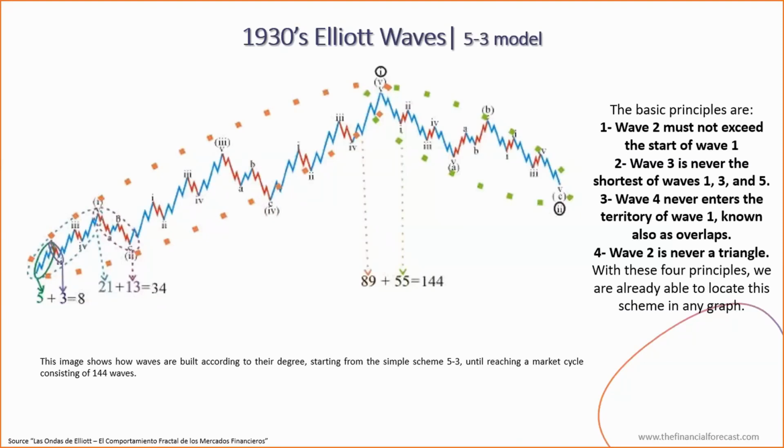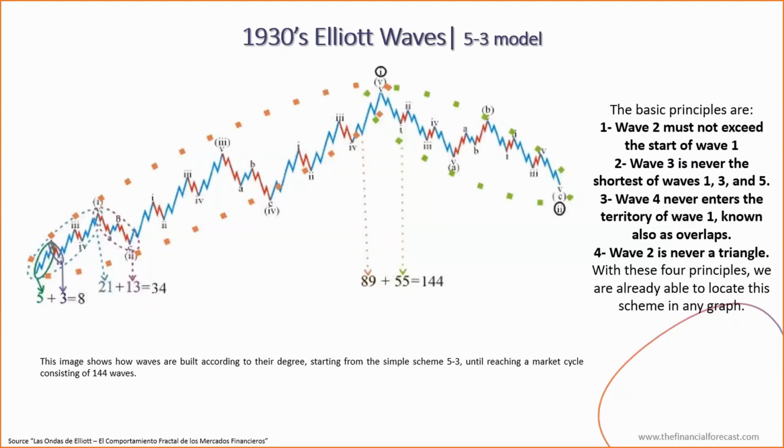And the last rule is that wave 2 is never a triangle. For Elliott, triangles have 5 internal waves that create the triangle pattern.